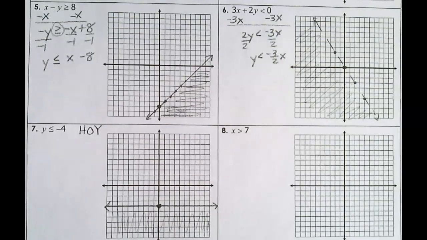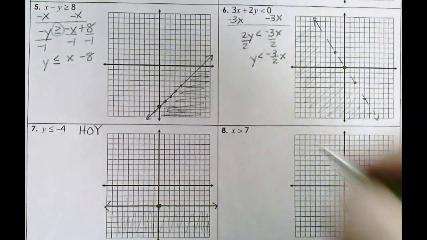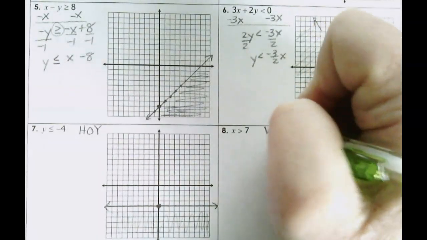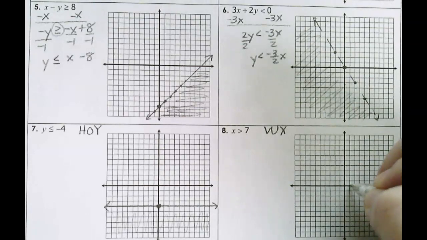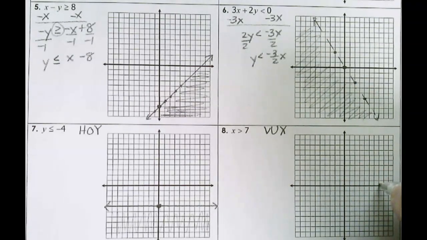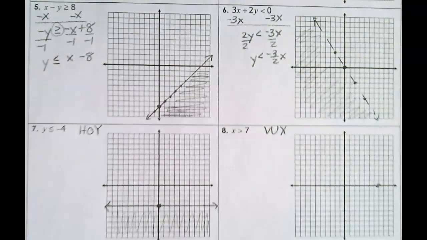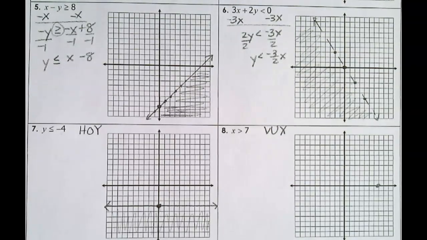Number 8. x is greater than 7. There's no y, just x. So we're back to that VUX: vertical line, undefined slope, and x equals. So I'm at 7. I'm going to take my x to my x-intercept. And then I have a vertical line, solid, or was it dotted?